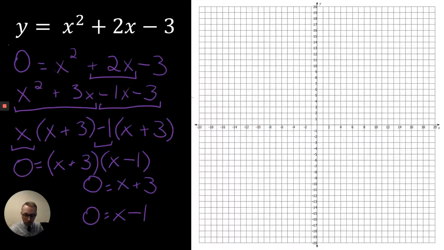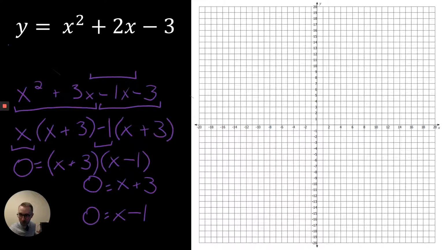So I end up with x is -3 and x is +1. Here, 0 equals x plus 3. That's only going to happen if x is -3. 0 equals x minus 1. That's only going to happen if x is +1. So my two solutions here I'm going to end up with are x equals, and let me make some space at the top to write this.